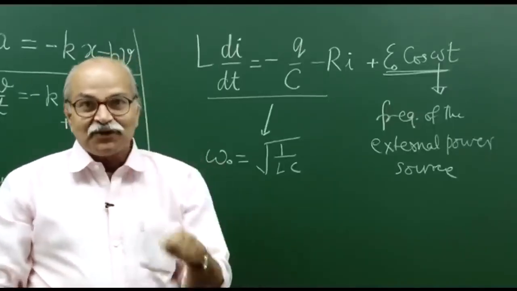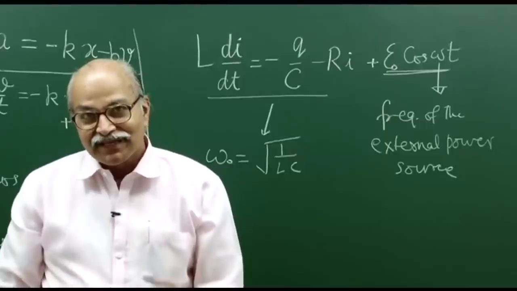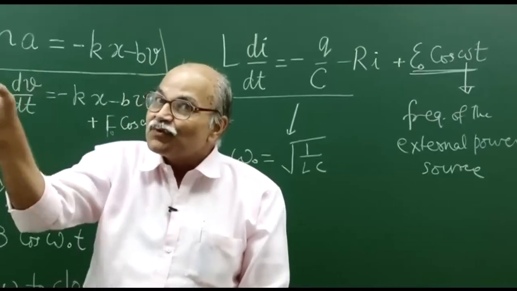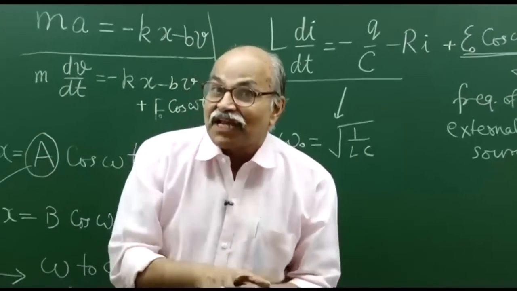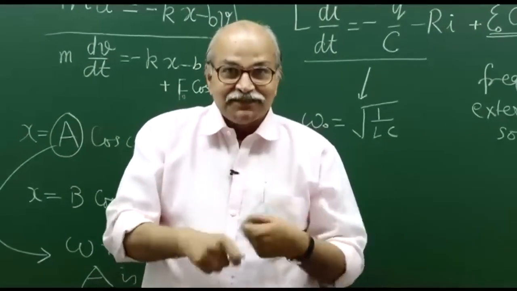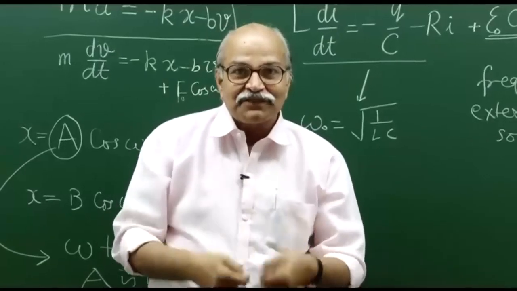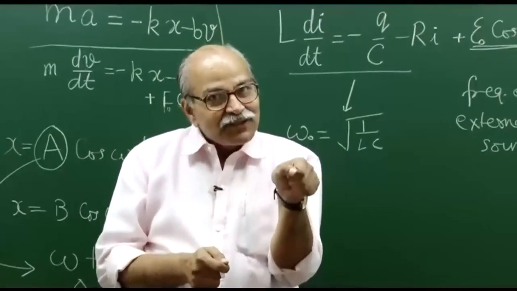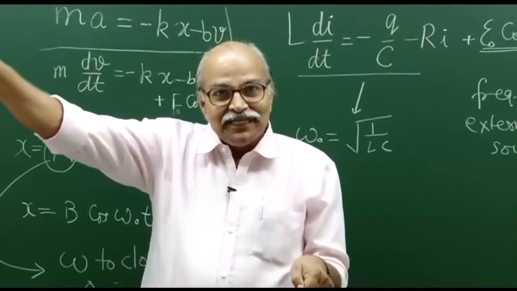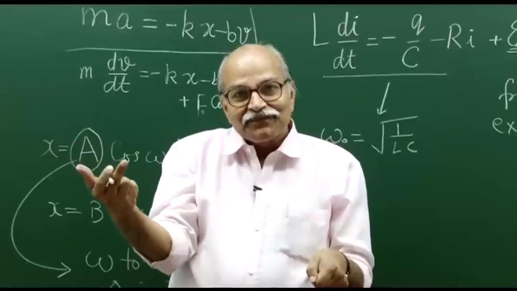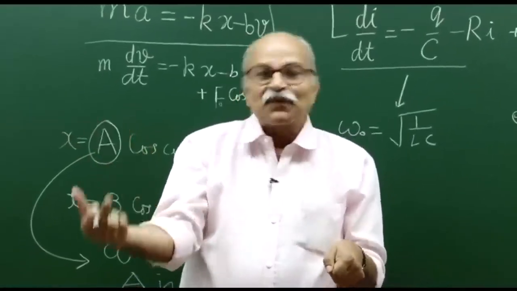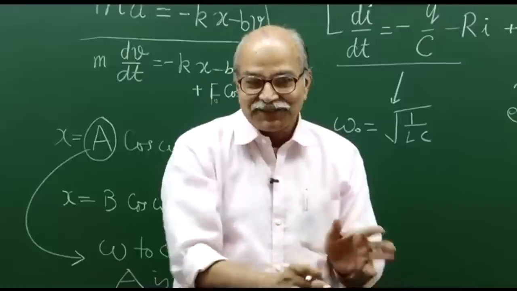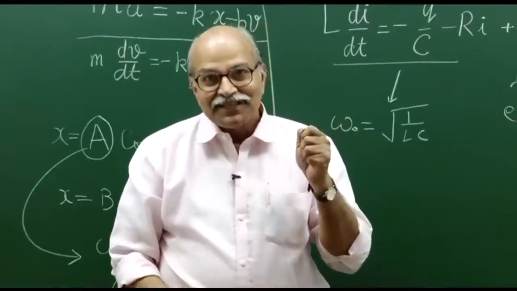This is used in all kinds of tuning circuits where, of the many frequencies available, you only want one particular frequency to drive your circuit. So, you tune your natural frequency omega naught to that particular desired frequency. Only that component will provide you the real current in the circuit. So, that is how tuning circuits are made.